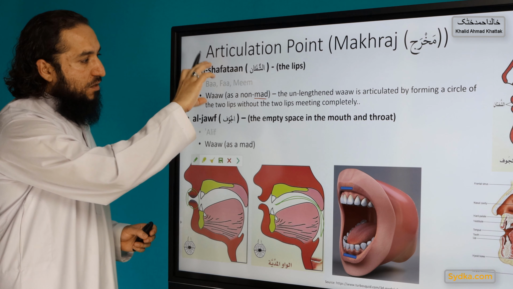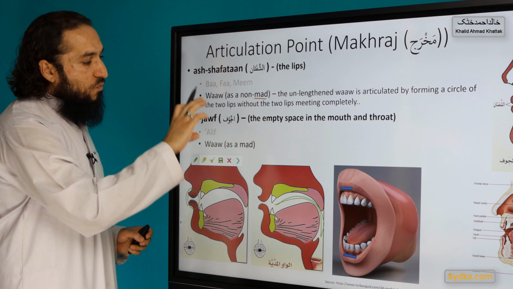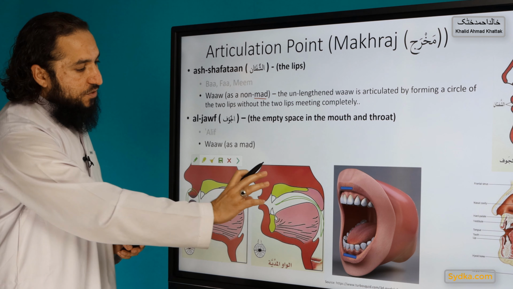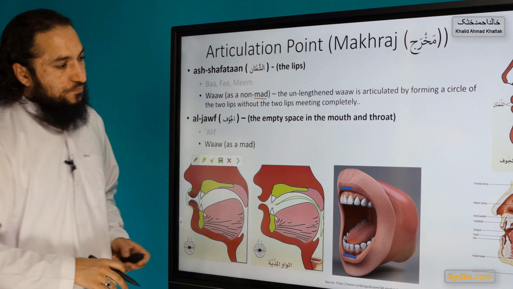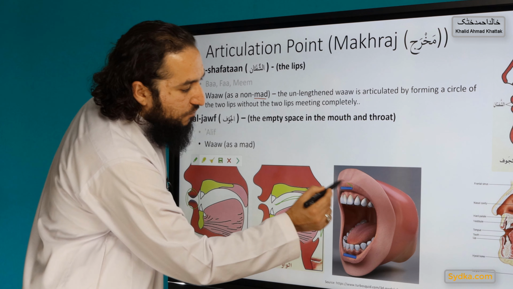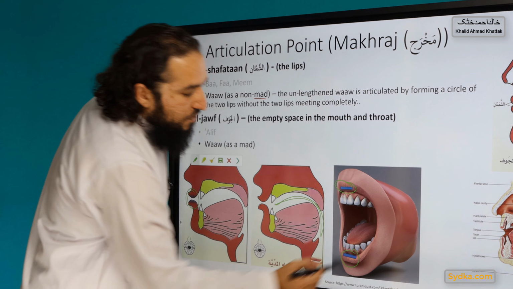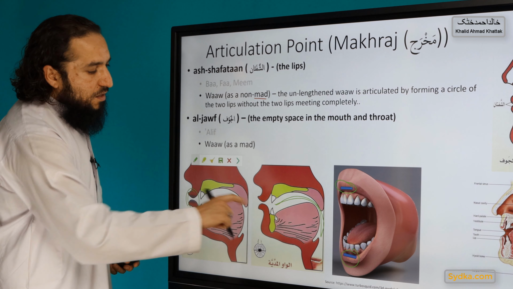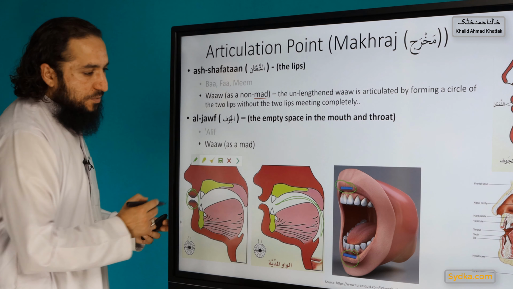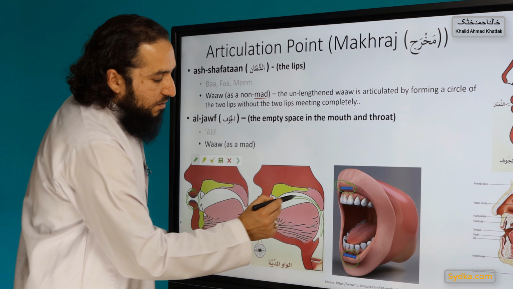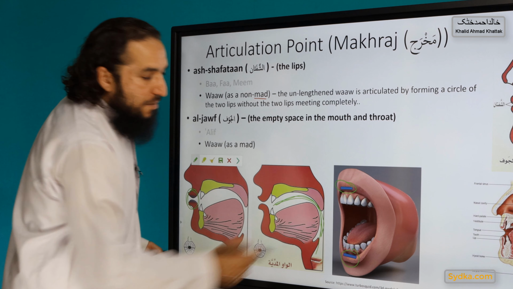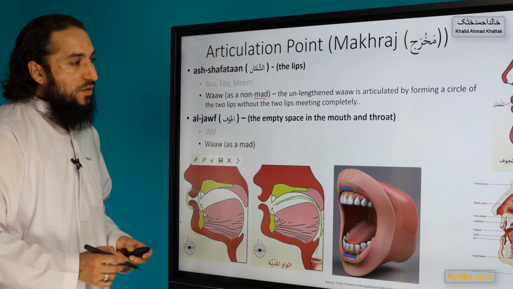One is consonant, one is vowel, and there are different articulation points for both of them. For the consonant, you use the lips, but the other parts are not involved, and the focus is on the lips. And for the mad, it is the empty space of the mouth and the halq, the throat.